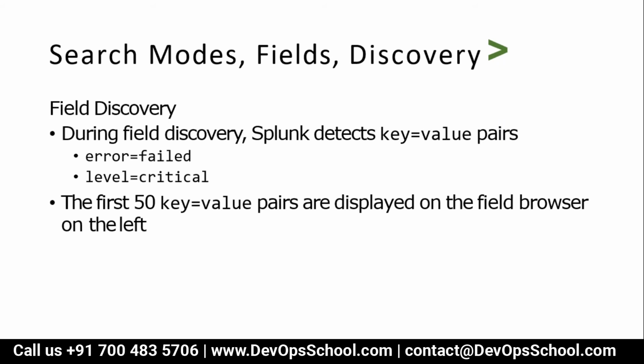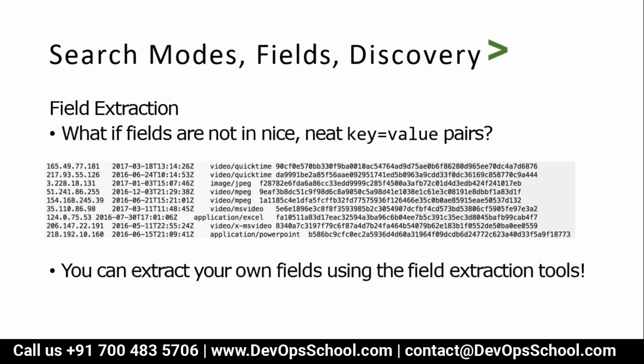So during the search, Splunk detects data in the form of keys and values. Here, the first 50 key-value pairs are displayed in the field browser on the left side. I'll show you that when I upload the data.